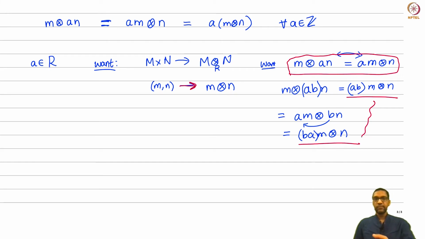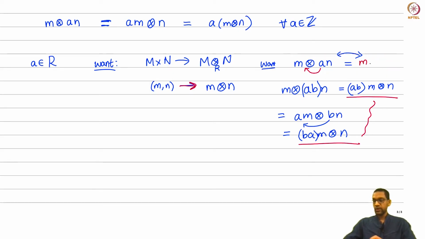This problem is remedied by making the first component a right module and the second component a left module, and in that case this problem doesn't arise. So what we will do is say that okay, we would like our tensor product to have the following property, that I can push this scalar a across and multiply it by m, but m is only a right module.